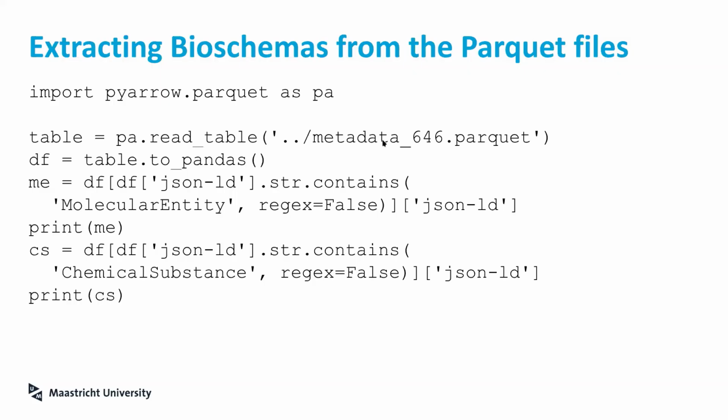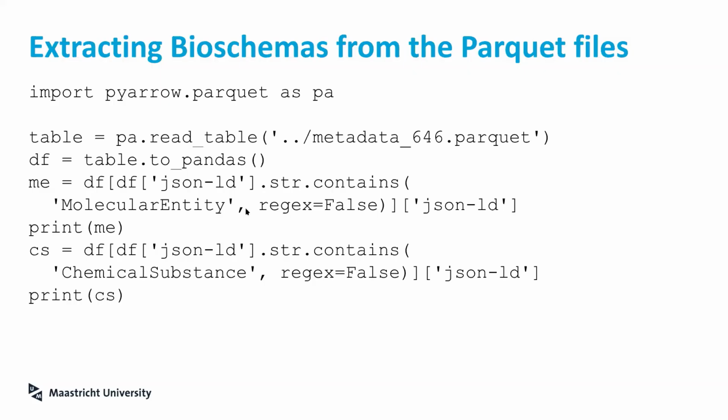But we have all those Parquet files. We can just parse them one by one, so it parallelizes quite well, I think. And we can just scan the JSON-LD. Do we find molecular entity in there or chemical substance? The 2 of the Bioschemas types of profiles that I would be interested in. And if so, extract the JSON-LD for further indexing.